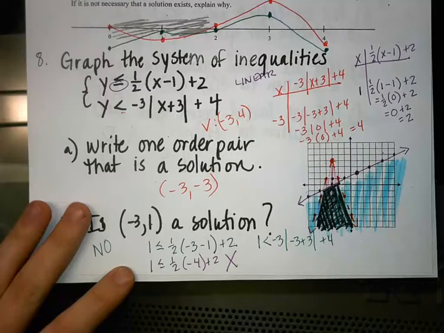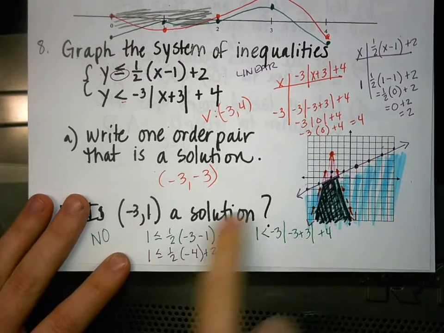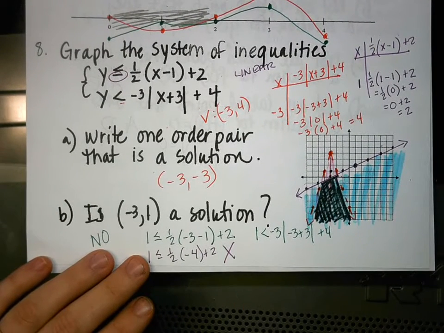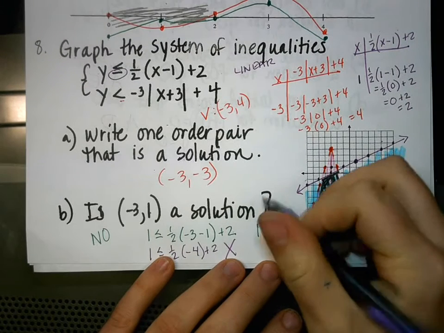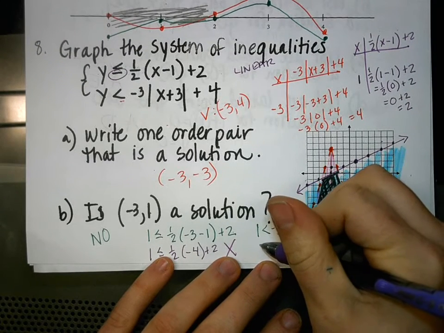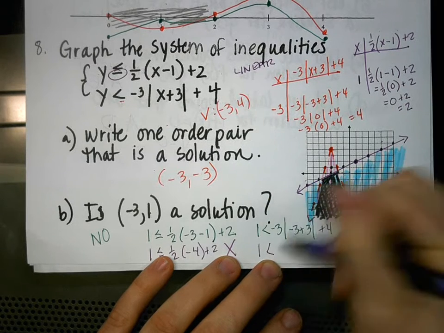You can just show that it's not a solution if it doesn't work for one function. If you want to show both, you can do that. But if one of them works, you cannot assume that they both work.